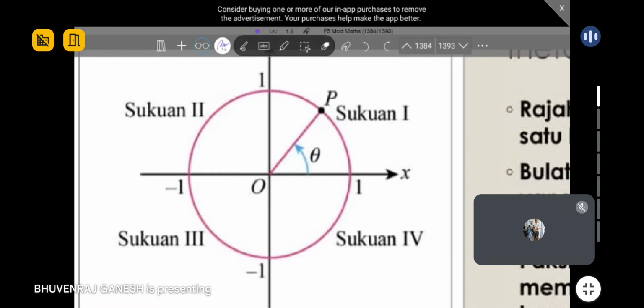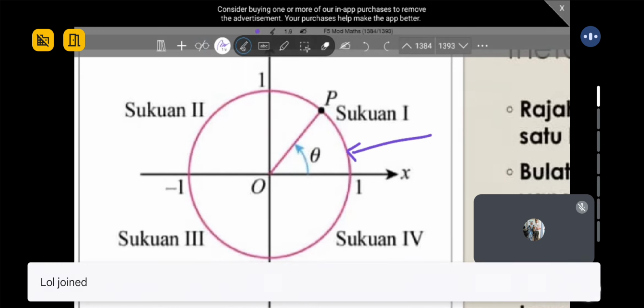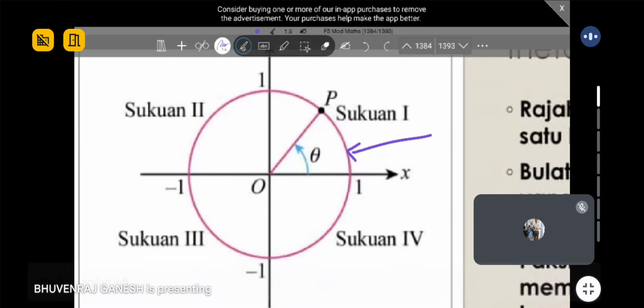Okay guys, apa kita panggil bulatan ni? Siapa tahu? Ada satu nama spesifik untuk bulatan ni. There is one specific name for this type of circle. Anyone know? What is the name for the whole circle? Seluruh bulatan tu. I'm talking about trigo guys. Jangan pergi pada bahagian bab bulatan yang menengah rendah. Bukan yang tu. Sekarang kita bincang pasal Form 5 bab 6.